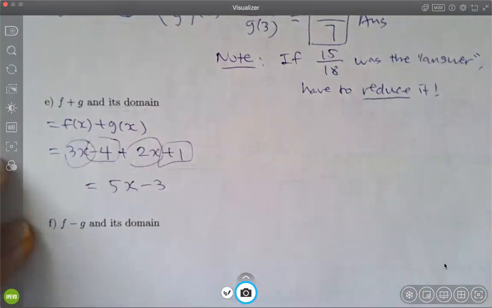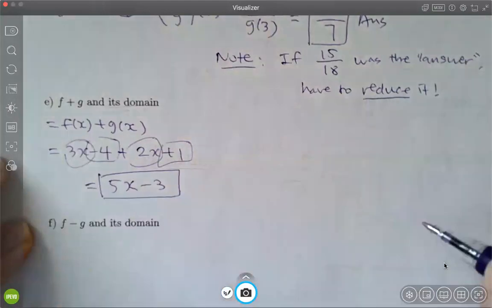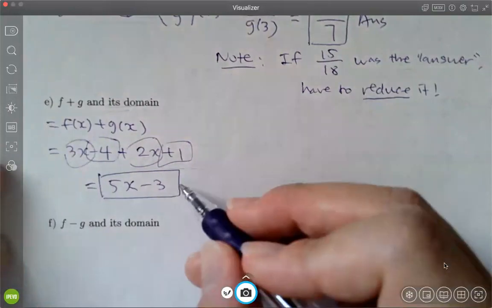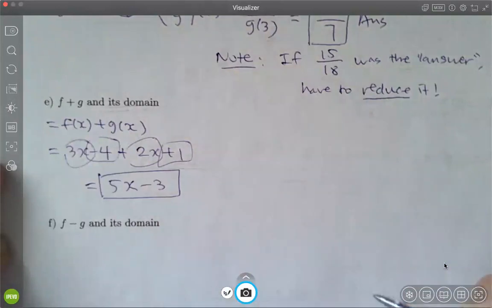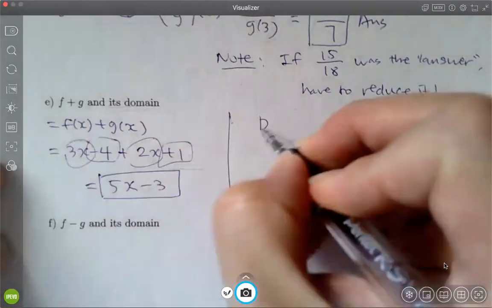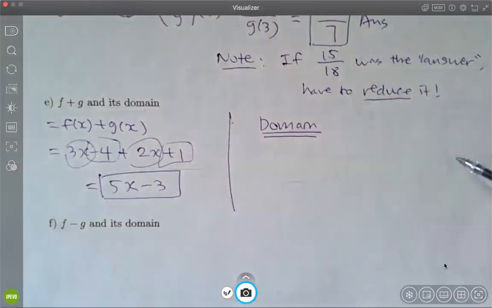And that's it. That is the sum function f plus g. And again, never set that equal to 0. Don't set this equal to 0. Now, the domain. Can you see what the domain of this 5x minus 3 should be?